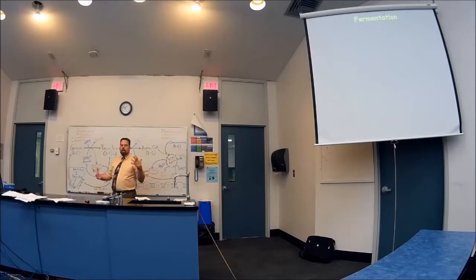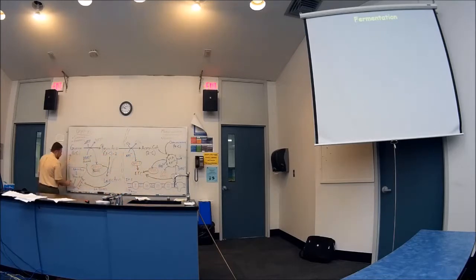How it all interacts, it's like a spider web, right? There's one other part of this piece that I can explain, which is how you go from pyruvic acid to glucose.